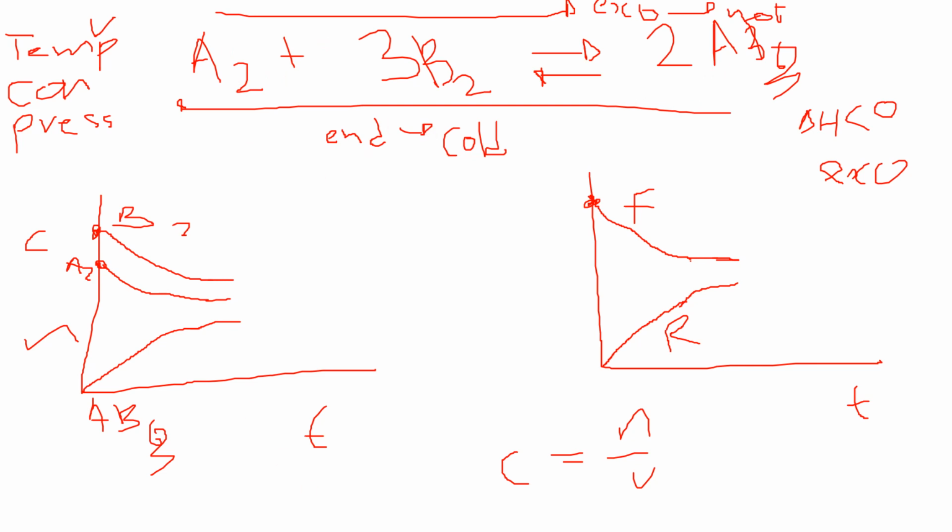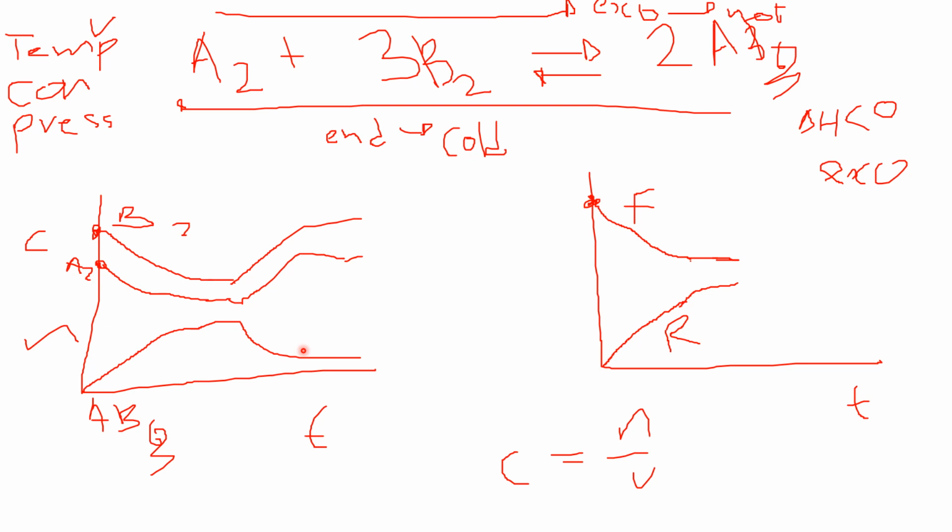So the concentration of your product will decrease, and the concentration of the reactants will increase, because the reverse reaction is favored. Then it will reach its new equilibrium state. I hope that makes sense.